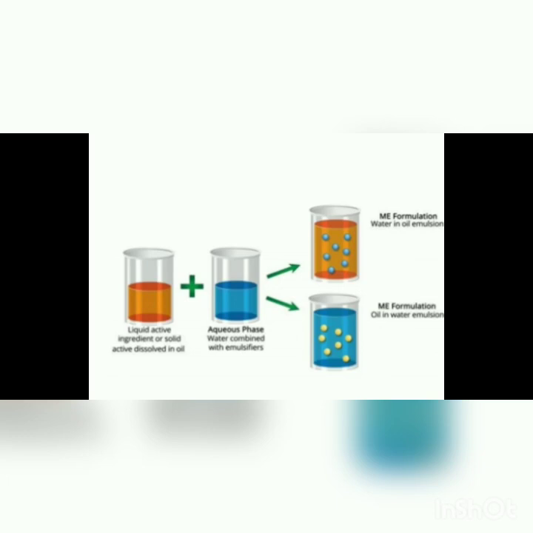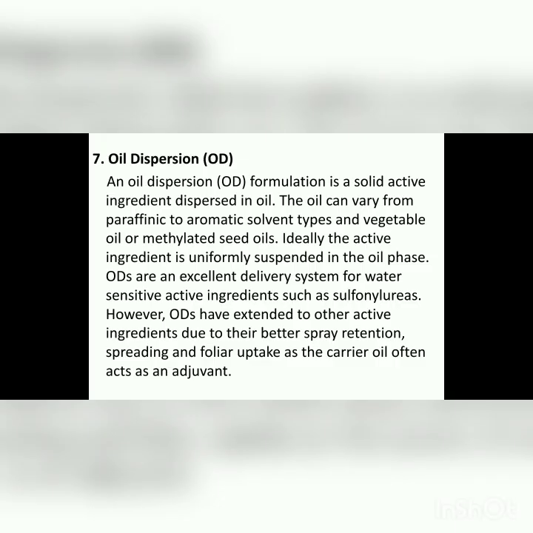Then next, seventh one, oil dispersion formulation. They are solid active ingredient dispersed in oil. The oil can vary from paraffinic to aromatic solvent type and vegetable oil or methylated seed oil. Ideally, the active ingredient is uniformly suspended in the oil phase.